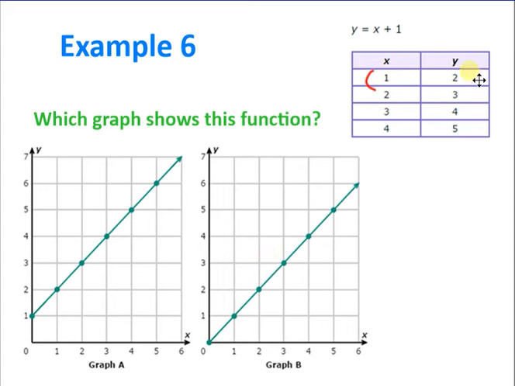And all these are coordinates. So find the coordinate 1, 2. Okay, it's right there. 1, 2. Okay, it's not on graph B, so the answer is graph A. And that's it.